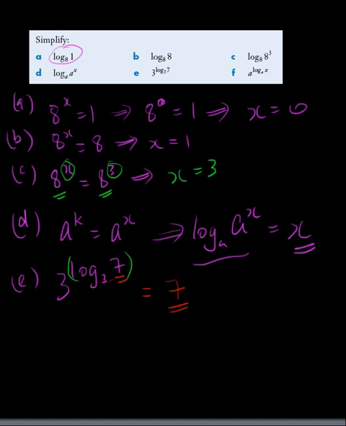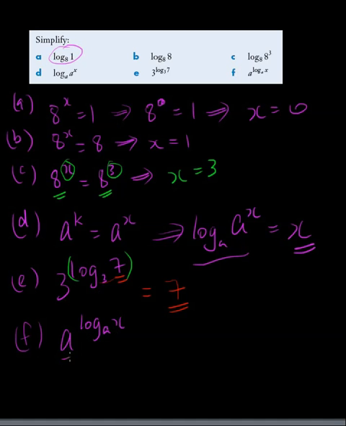Alright, let's finish this off with the last one, F. So F is a to the power of log base a of x, very similar to E. So this is a general form of E, because here we use specific numbers like 3, but here we're not using any numbers, we're using letters.